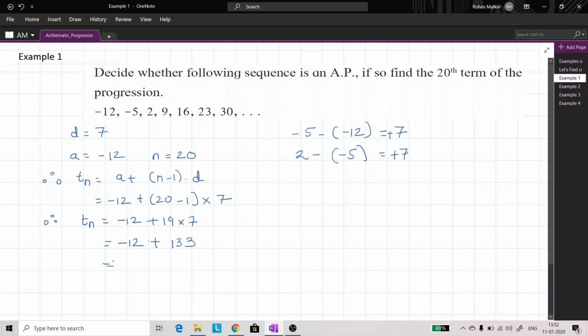So 133 minus 12 is 121. So my 20th term turns out to be 121 in the series. The answer for this question is 121.